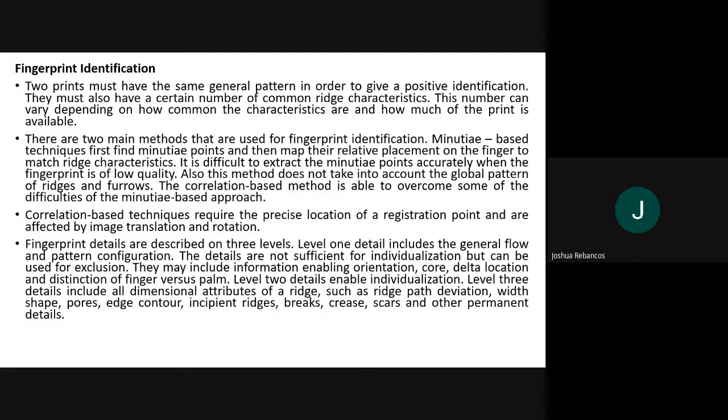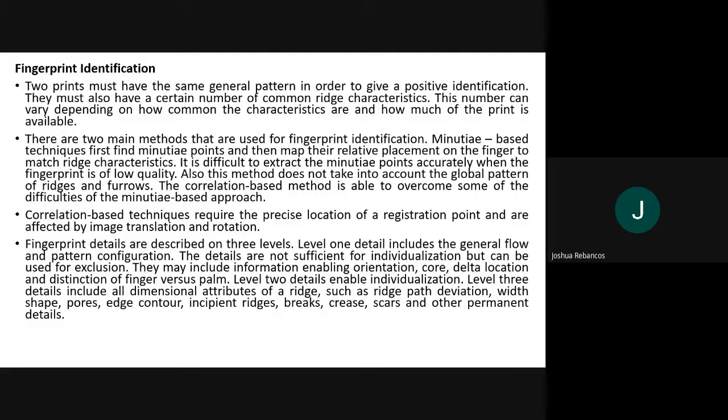Pag sa radial bone or sa thumb, radial. Of course, the details are not sufficient for individualization but can be used for exclusion. They may include information enabling orientation, core, delta, location, and distinction of finger versus palm.